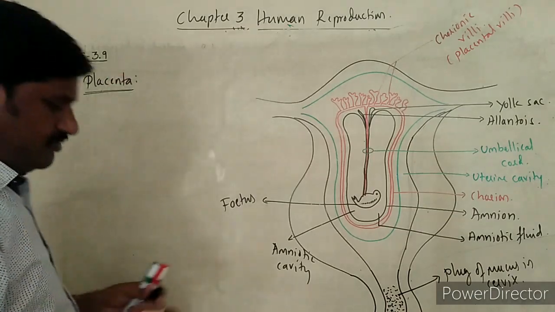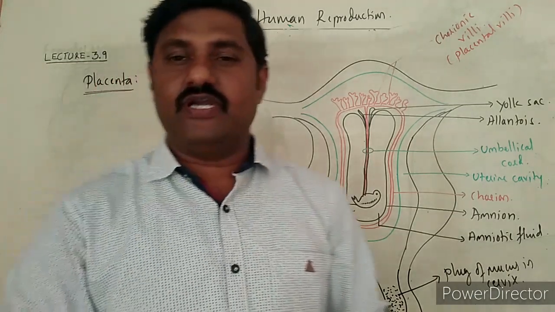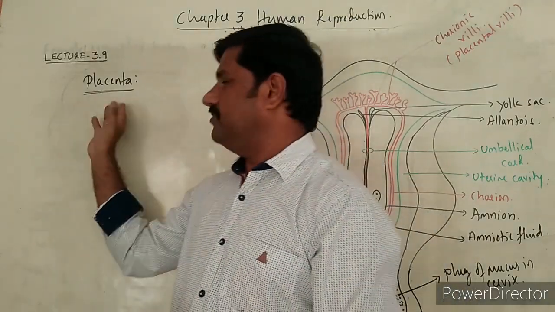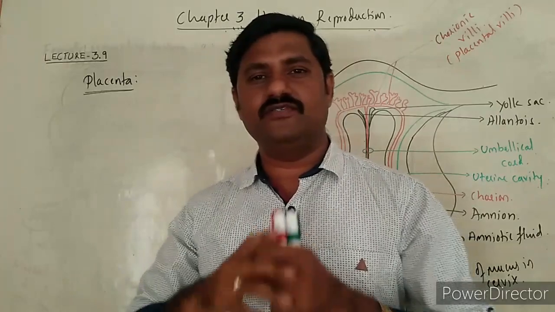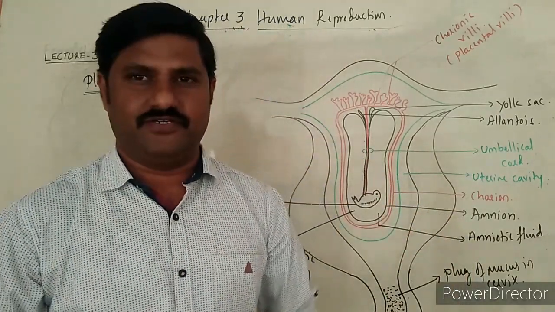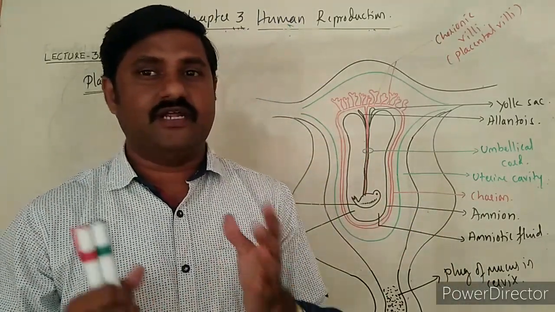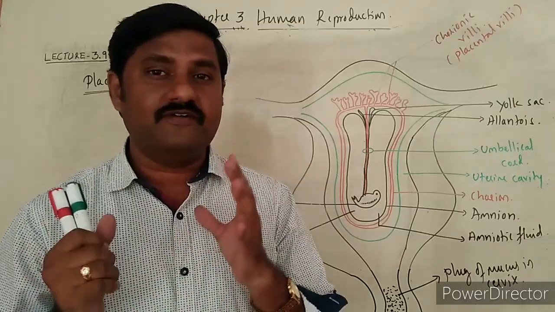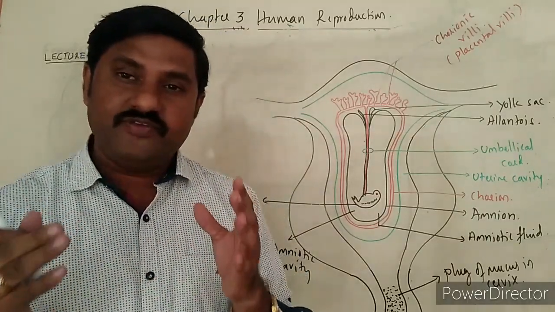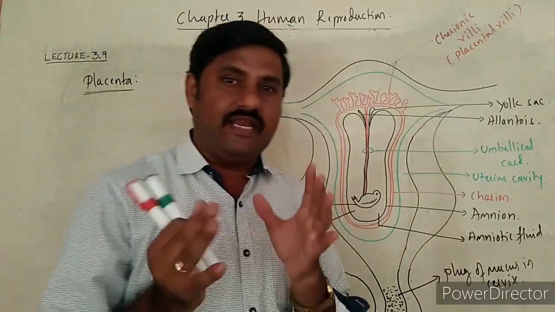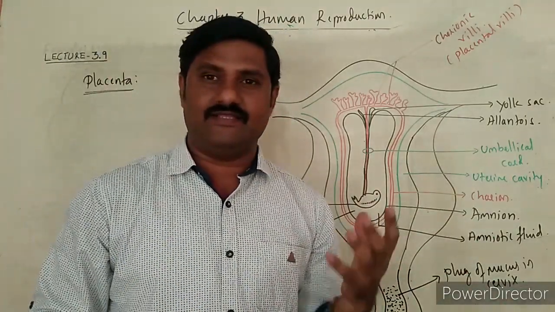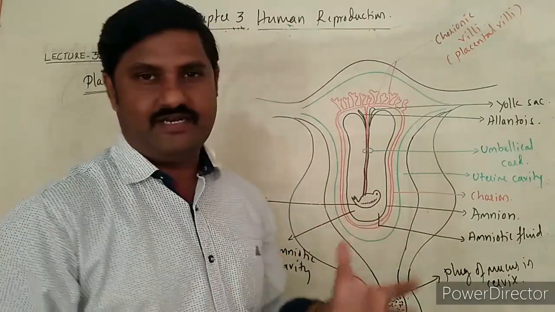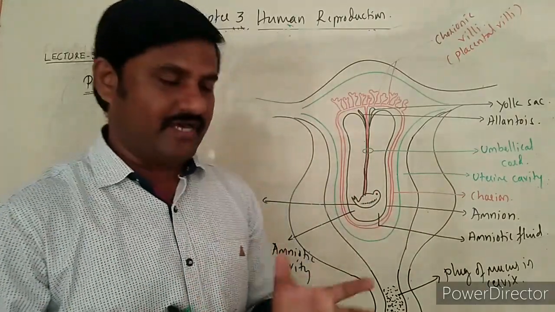Now we came to know what happens during the formation of the placenta, right? And the placenta does various functions over here. But before that, let us observe this diagram and what other extra things are given over here. What happens?